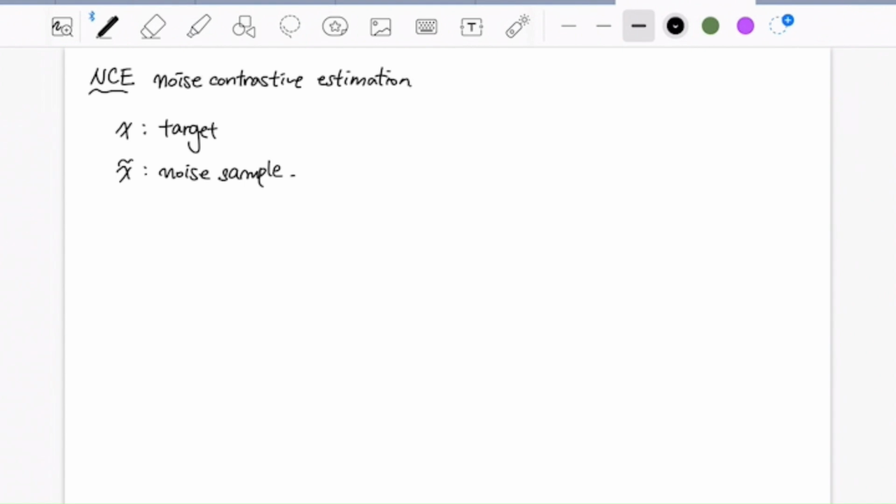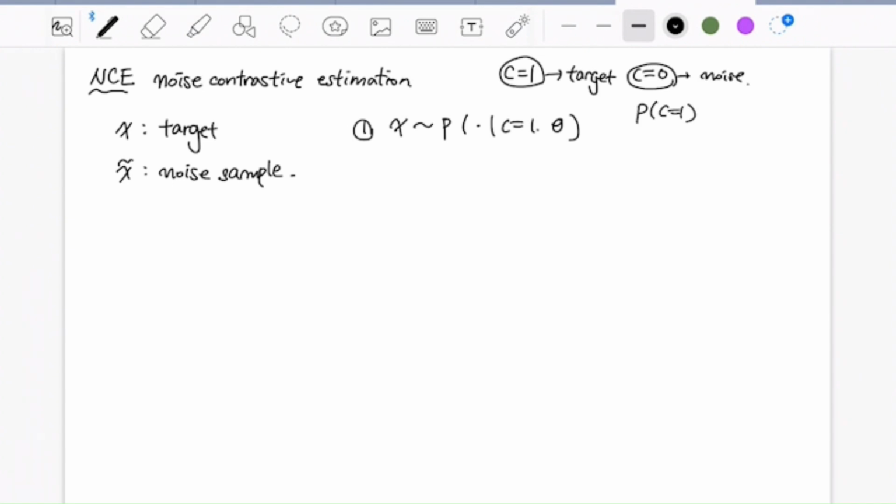Then we can say this target x is from the target distribution, where theta is the parameter set and C is the class label. So when C equals 1, this means we have the target. If C is 0, it denotes the class of the noise. And here we assume that the probability of having each class is the same, and it is binary, so it's 1/2.